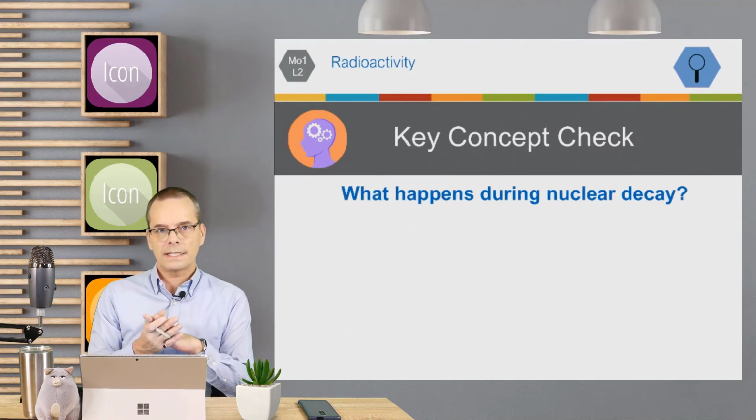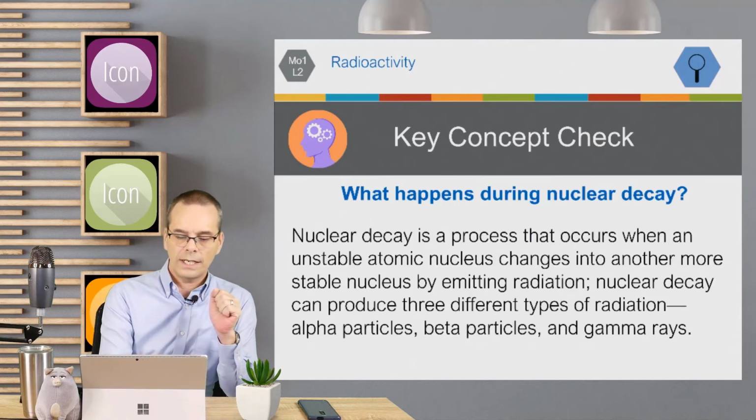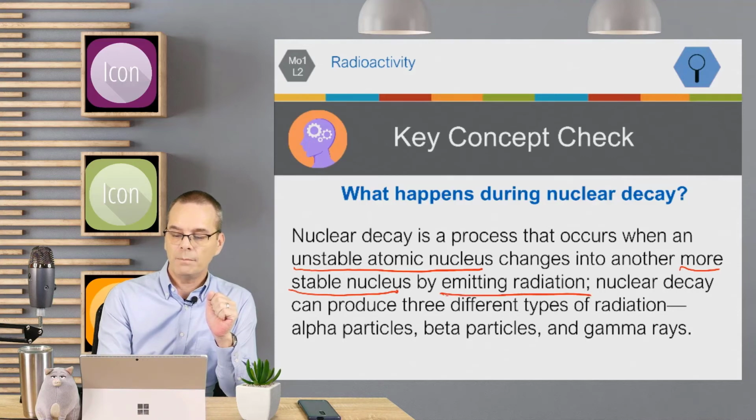So, key concept check, what happens during nuclear decay? Well, it is when an unstable atomic nucleus changes into a more stable nucleus through emitting radiation.